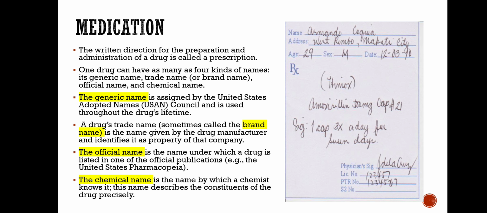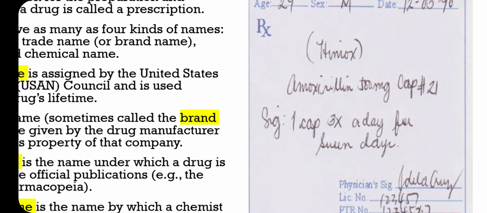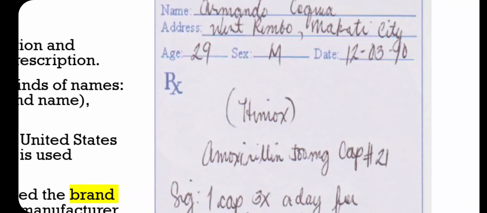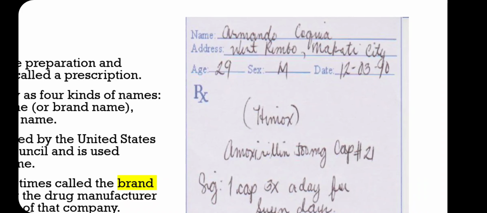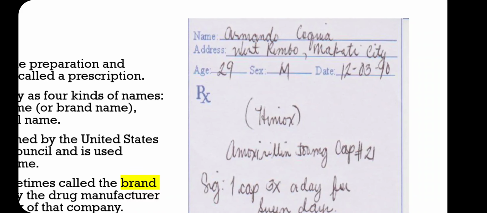So medication is a written direction for the preparation and administration of a drug is called a prescription. So ito yung tinatawag nating prescription, okay? Doctor's order or prescribed by the doctor.